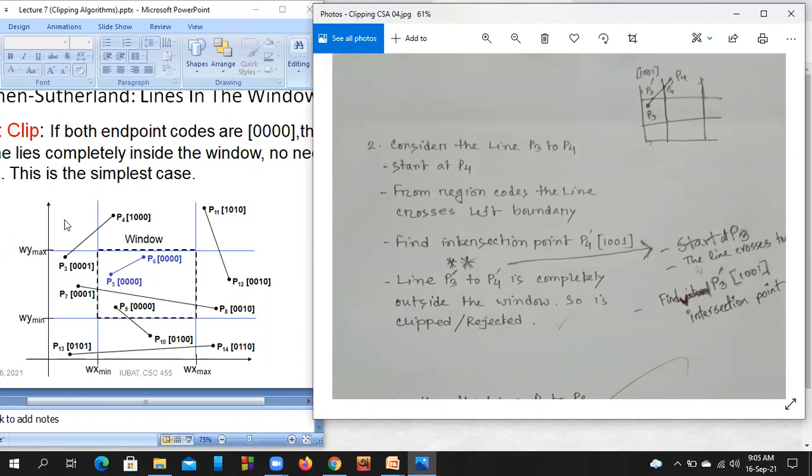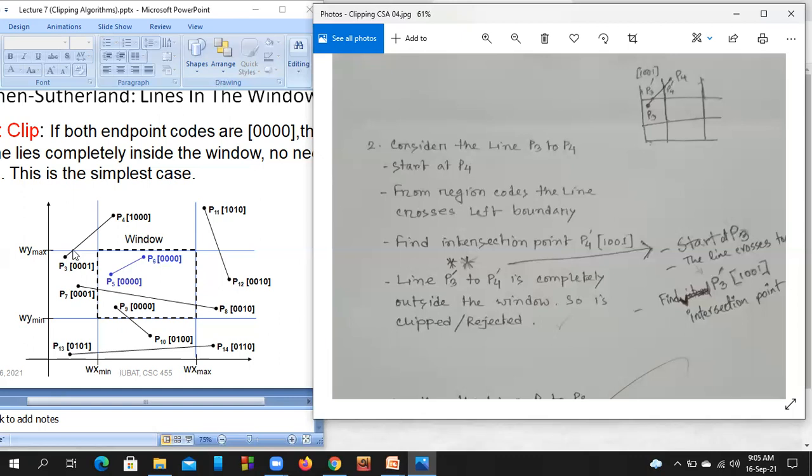The region code should be 1001 for P3 prime. In the same way, now we start from P4, and the line crosses over the extended part of the left boundary, and that P4 prime also gets the code 1001.